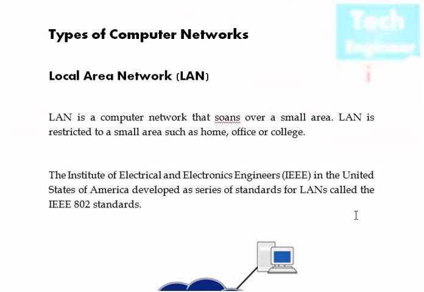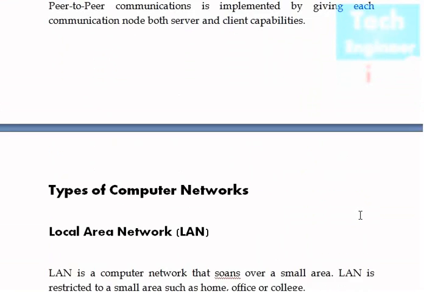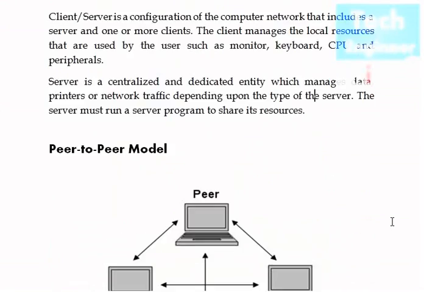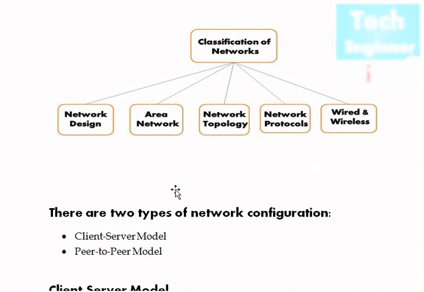Now when we talk about computer networks and networking, this is what we are talking about. Now network design is what we have to cover. Area network, which we're going to discuss right now. Network topology, we already discussed, the types of topology. Network protocols, two open protocols we already discussed, which are OSI and TCP/IP.